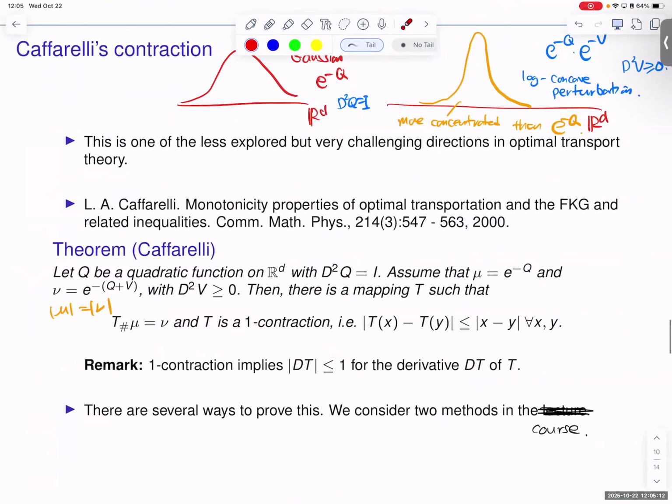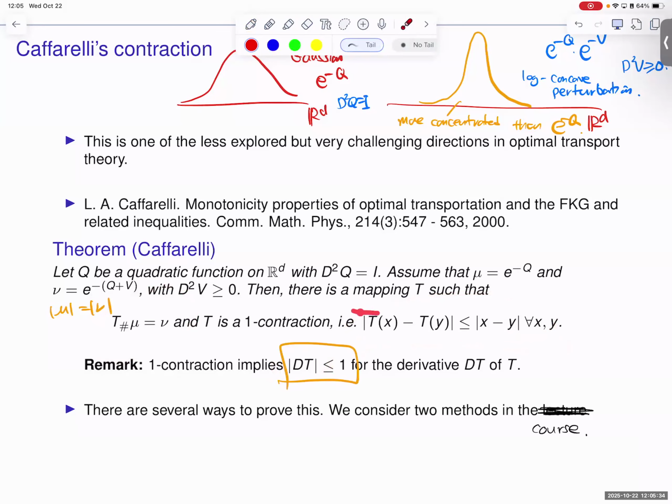Here it is similar. You have some kind of volume preserving property for the mapping T, and this contraction property you can translate into the derivative of T. Because if you differentiate this, then from this you get that the derivative of T has norm less than or equal to 1, right?